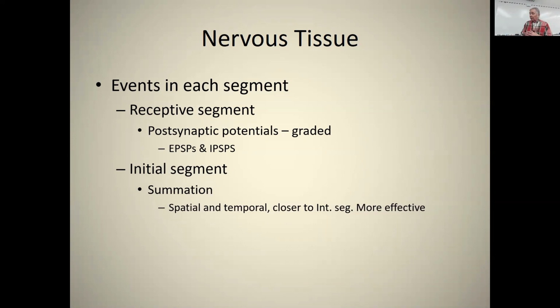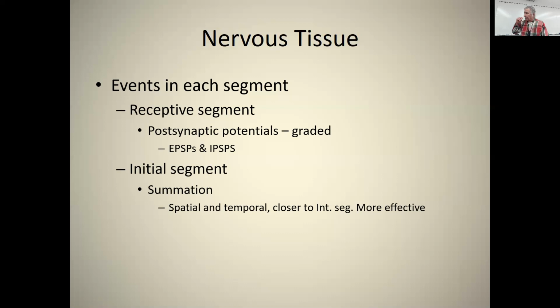And these postsynaptic potentials are going to summate, add together, and if they bring the initial segment from minus 70 to minus 55 millivolts, that's called threshold. And then an action potential will fire. We're going to look at the events in an action potential in a little bit, and what ion channels are turned on, which ones are turned off, which ones are inactivated.